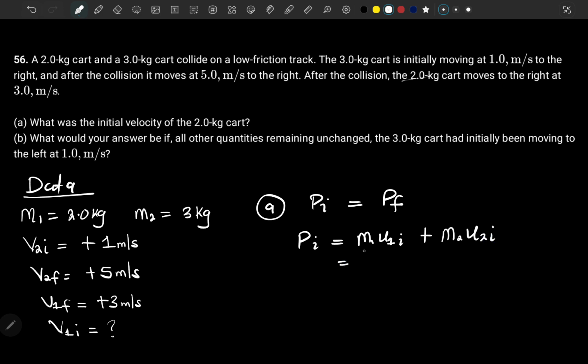So this is 2 times u1I, because we don't know it, plus m2 which is 3, times u2I which is 1. So this will give us 2u1I plus 3. This is our equation number 1.